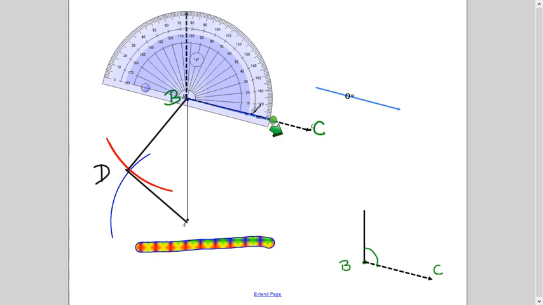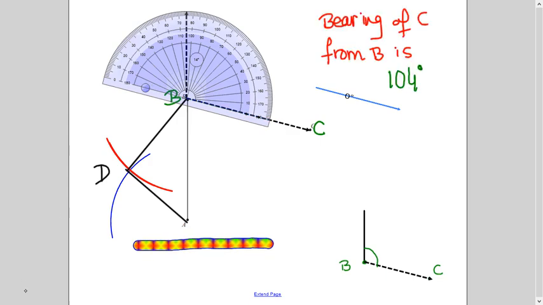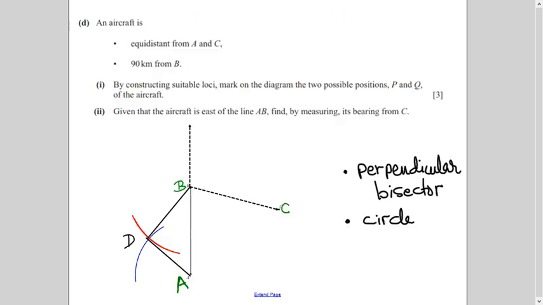Now you will read this line, this point 0, 10, 20, 30, because you see the other end of the line is here. So you can't read this scale. So when I will read this scale, it is going up till 103 or 104 something. So you can write bearing of C from B is 104 degree. So this is how you measure the degree.